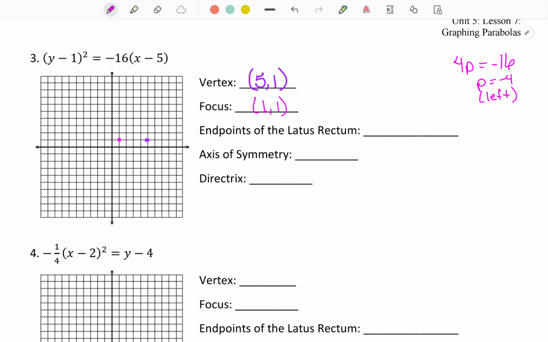So we will also go 8 on each side of the focus to get the endpoints of the latus rectum. So that's 1, 2, 3, 4, 5, 6, 7, 8. And 1, 2, 3, 4, 5, 6, 7, 8. And so that gets us 1, 9 and 1, -7.